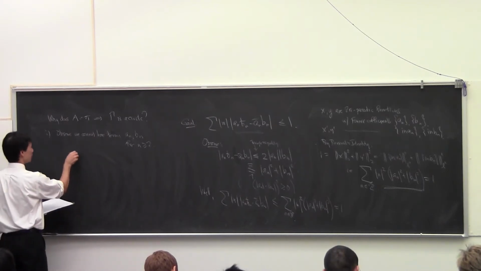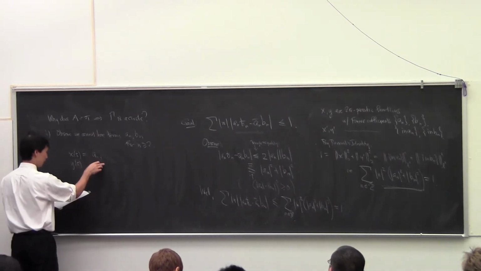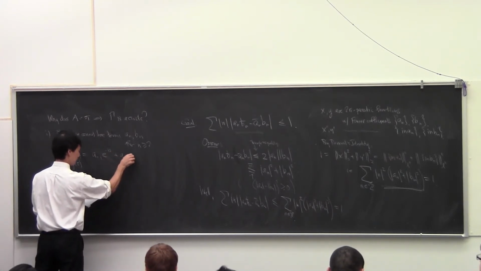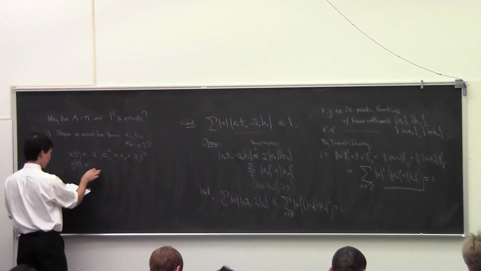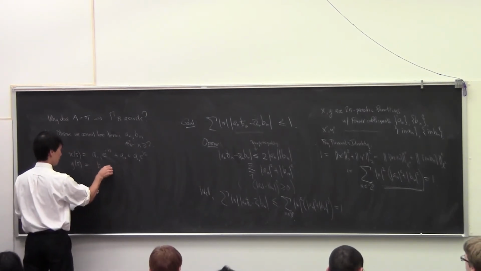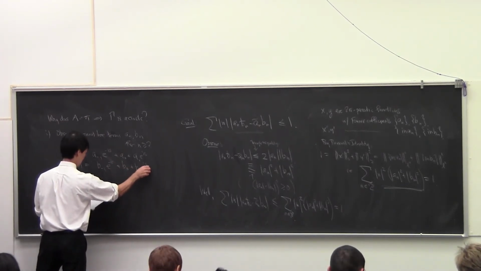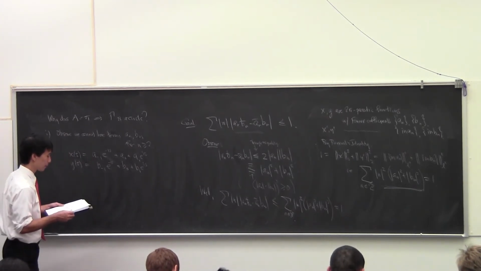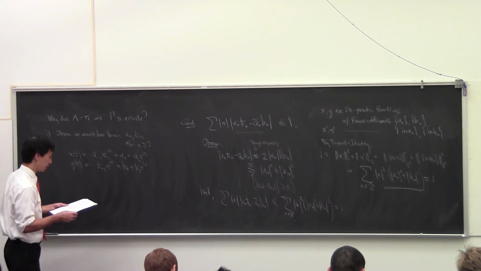Okay, so in that case, let's put down some notation. x(s) has to be a_{-1} e^{-is} plus a_0 plus a_1 e^{is}. y(s) would have to be b_{-1} e^{-is} plus b_0 plus b_1 e^{is}.